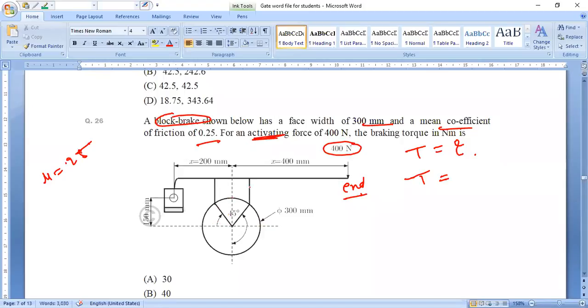So here the force is acting. So on this point, there will be some reaction force generated. So this is the reaction force, and it's the normal reaction. So with this 400 and with this R, so there will be equilibrium.